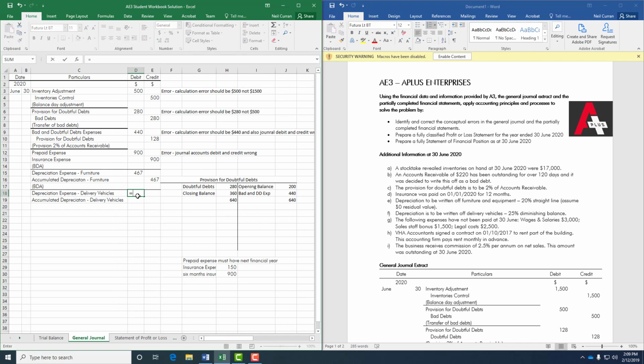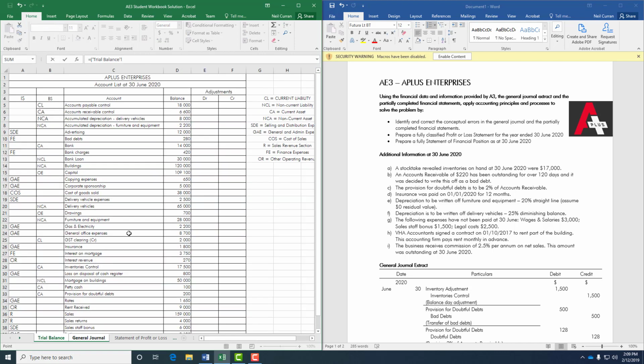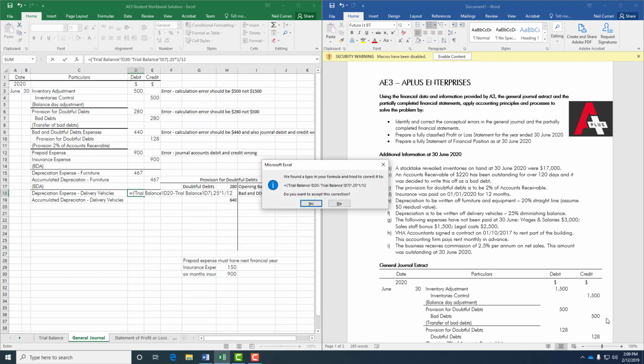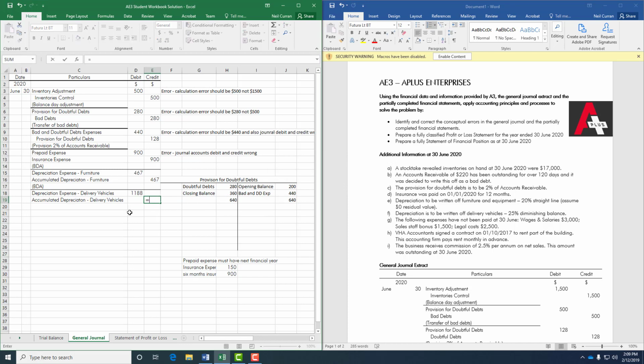We open our brackets, and we get our delivery vehicles, and we minus our accumulated depreciation on it, and then times that by the 0.25, and then times that by 1 divided by 12 to get 1 month. And again, same narration.